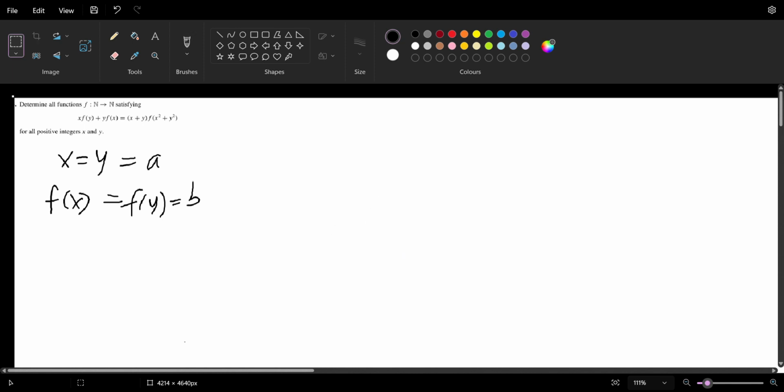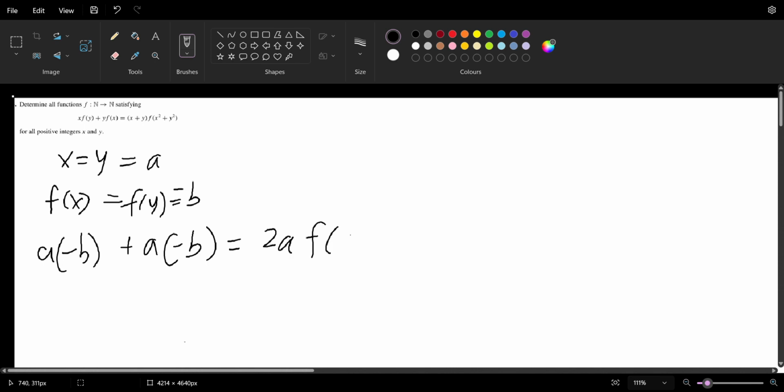All right, so we say it is equal to minus b. So now we have a times minus b plus a times minus b is equal to 2a f of x squared plus y squared.